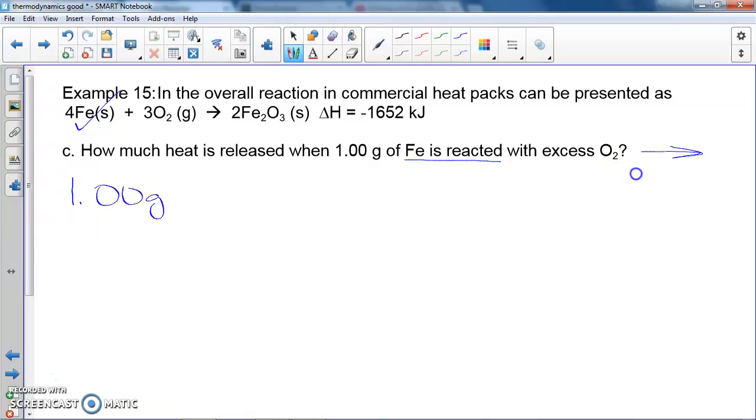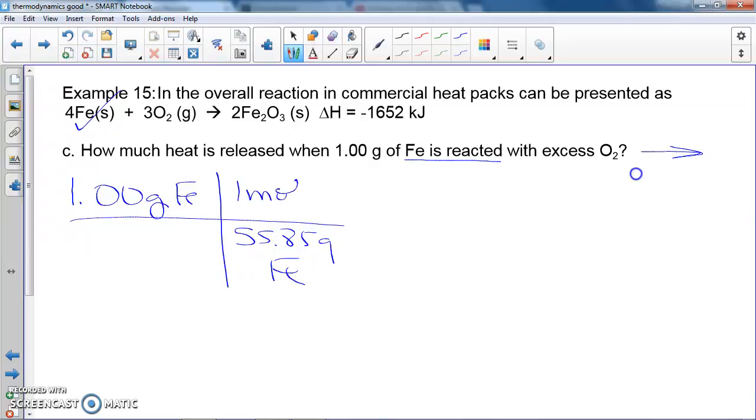1 gram of Fe. I know there are 55.85 grams of Fe for every 1 mole of Fe. Now, where am I getting that? The molar mass from the periodic table, because I needed grams to cancel, because my relationship isn't between grams and kilojoules. My relationship is between the mole coefficients, so the 4, 3, and 2, and kilojoules. So I've got to get my answer into moles.